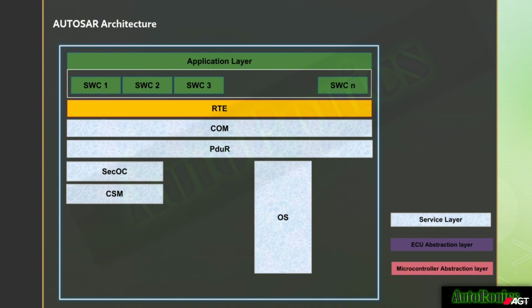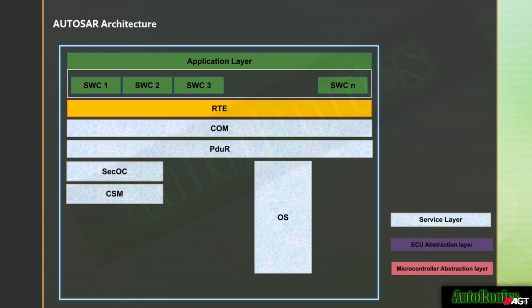It provides independent interfaces of the microcontroller and the ECU hardware to the application software. The service layer offers functionalities like operating system, vehicle network communication, memory services like NVRAM management, and diagnostic services like UDS.